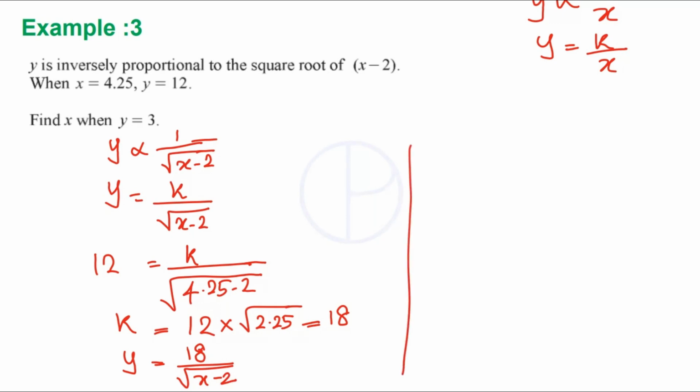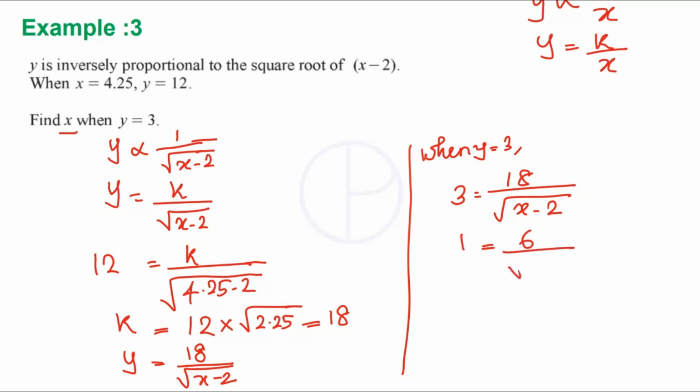So we need to find x when y is equal to 3. So 3 is equal to 18 divided by square root of (x minus 2). Now divide both sides by 3. So we get 6 divided by square root of (x minus 2).